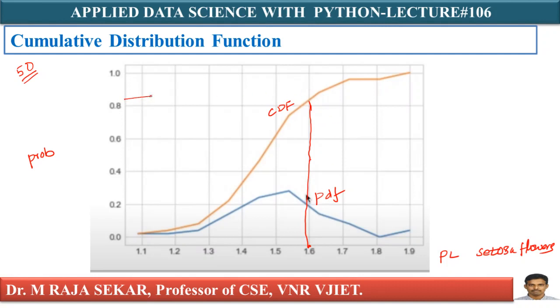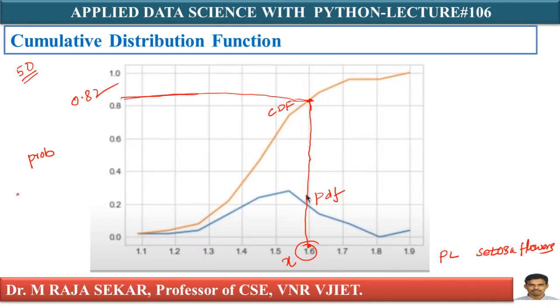What is the corresponding point on the y-axis? It is approximately 0.82. Let me say again, my x value is 1.6. I am trying to identify the corresponding y value on the y-axis.